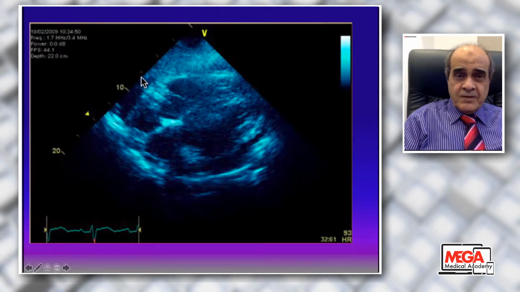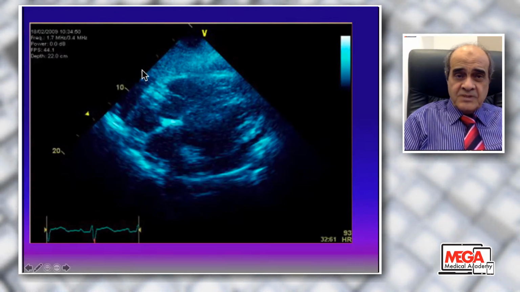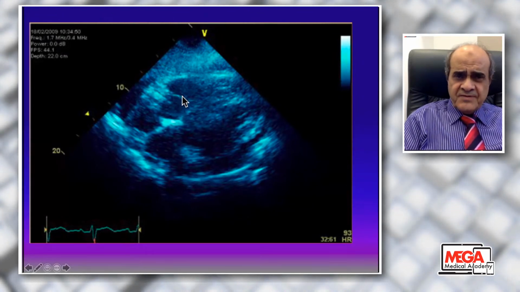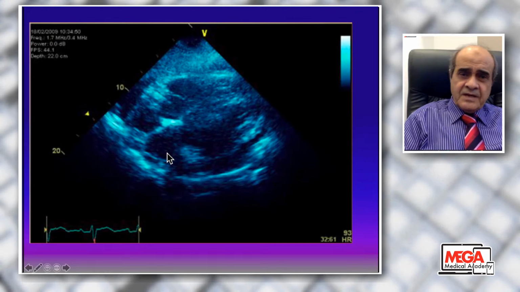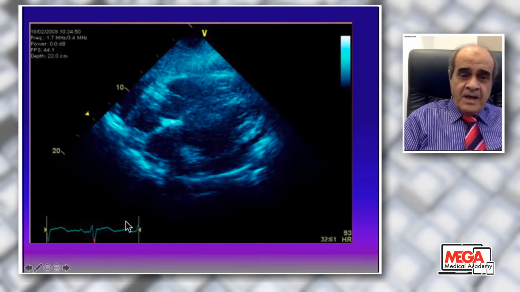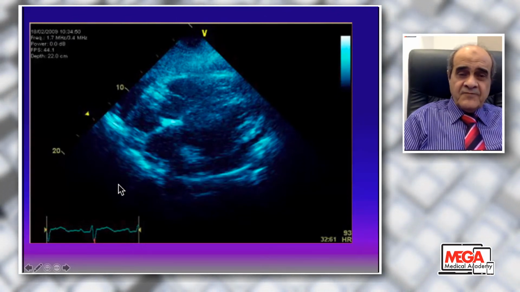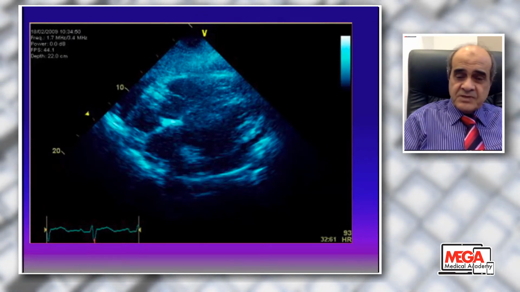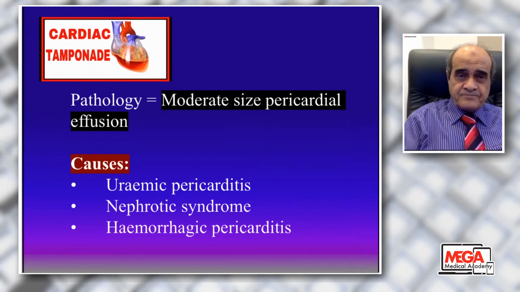This is a scale in the echo, so we can calculate how much the volume is. This is the right ventricle, and this is the left ventricle and the left atrium. The ECG beside it will give you an idea about which phase, systolic or diastolic, this picture is taken in.